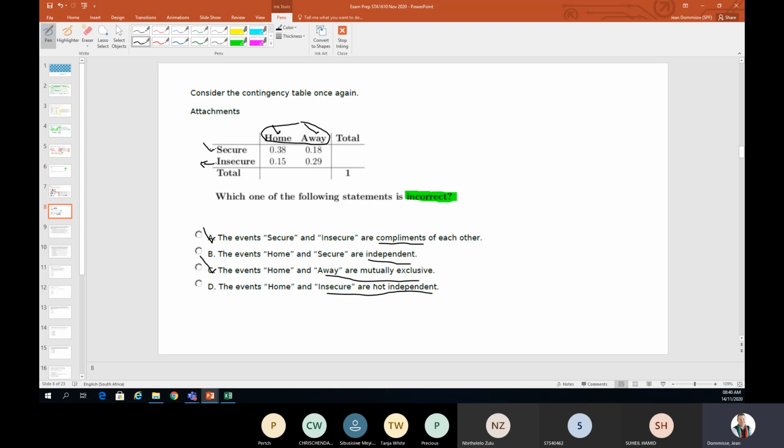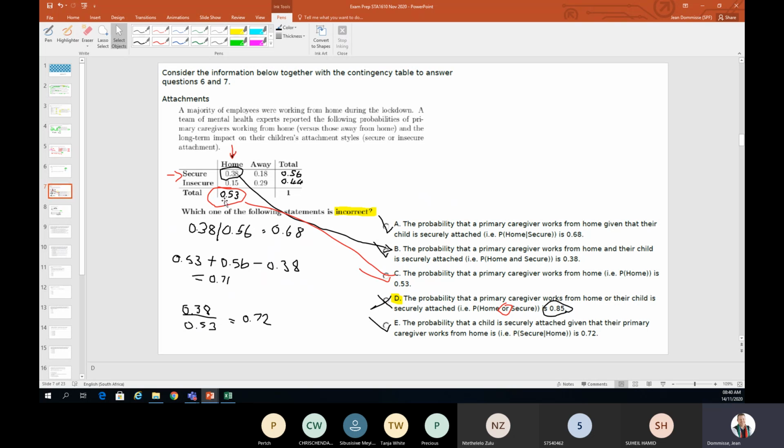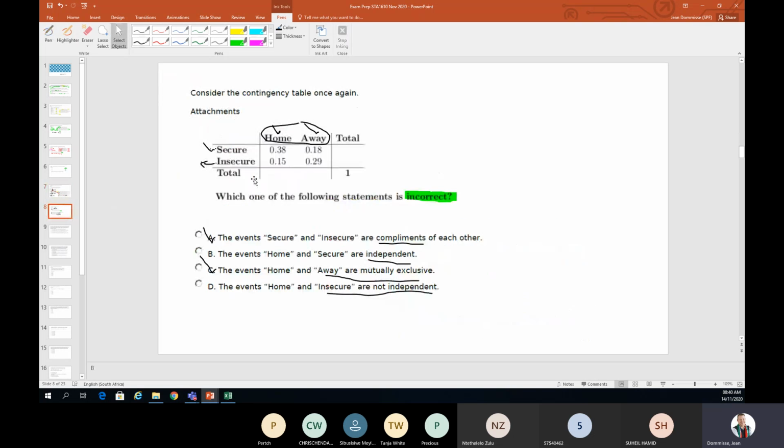The independent, non-dependent, you will need to work out. And that for me is, let's quickly see, is there an easy way to work that out? So you need to say, see, now it would have been nice to have that 0.53.